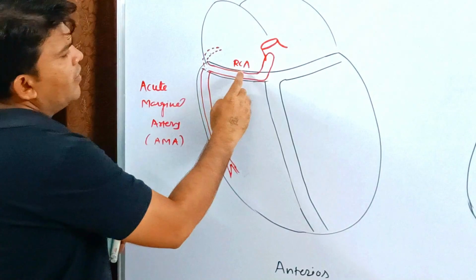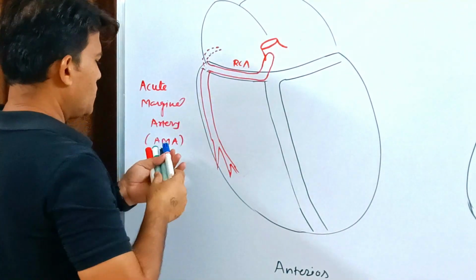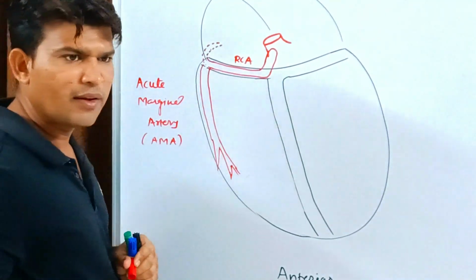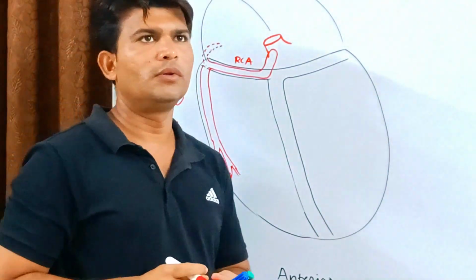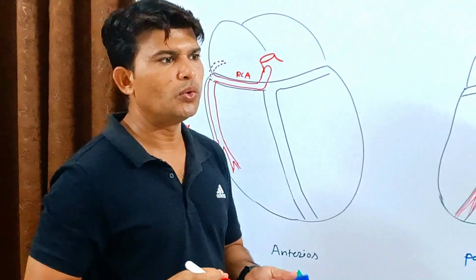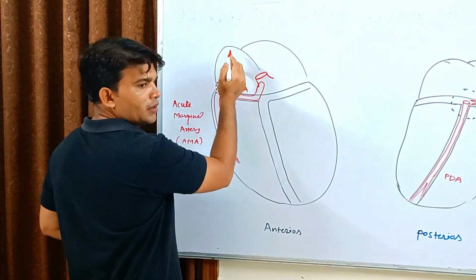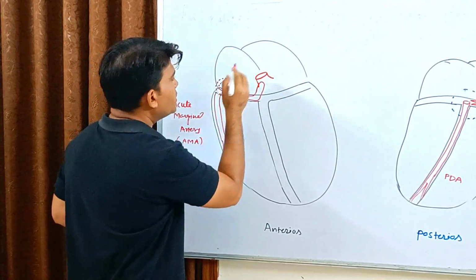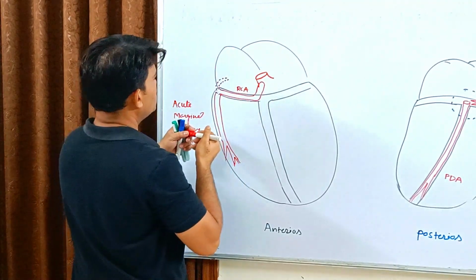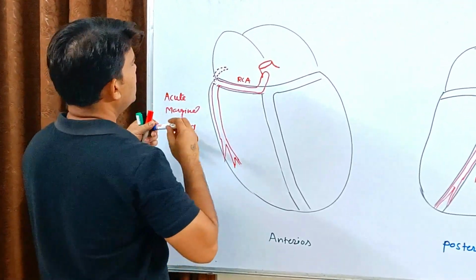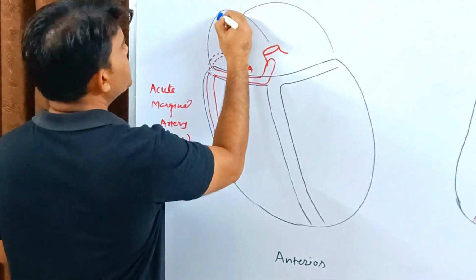One branch of the right coronary artery supplies the right atria, right? And in 70 to 80% of cases, the right coronary supplies the SA node, right? Suppose we have the SA node here. This is the SA node.